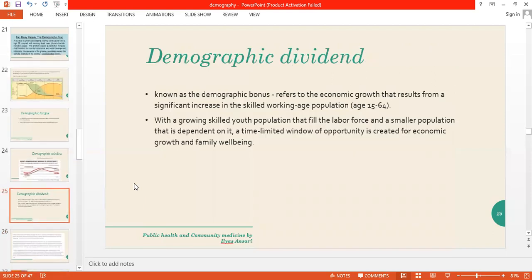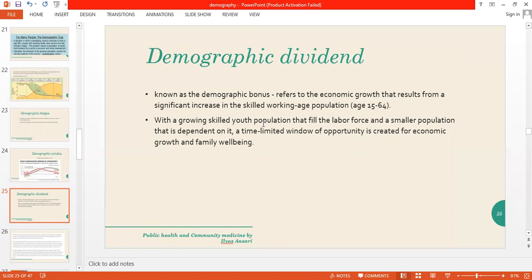Demographic dividend, also known as the demographic bonus, refers to the economic growth that results from a significant increase in the skilled working age population between 15 and 65 years of age.